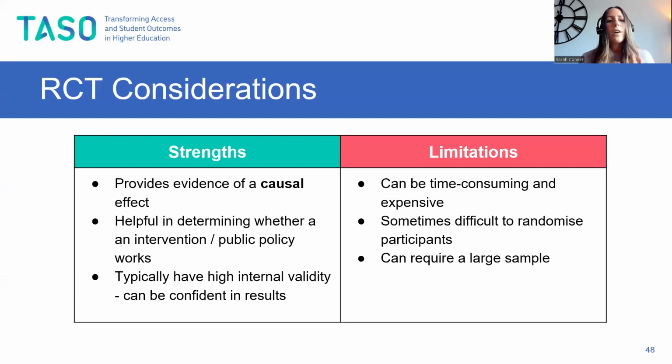So you do need that large sample in order to be able to run a randomized controlled trial. And quite often you need an oversubscription, or more pupils that want to attend an intervention, for example, than the number of places available. Then you can decide those places by randomization. So you need quite a large sample for that.